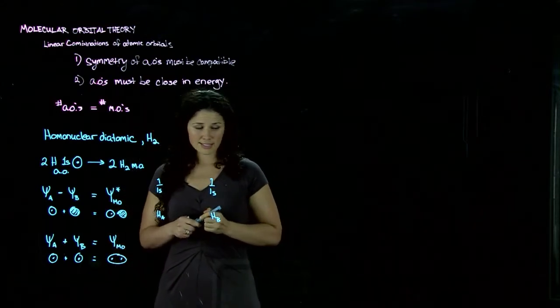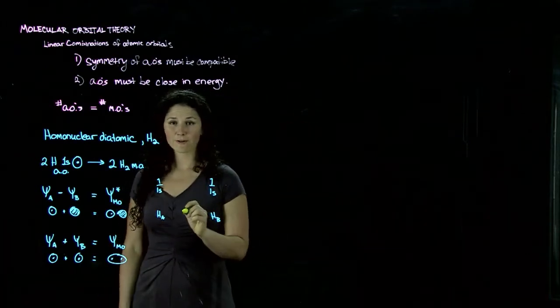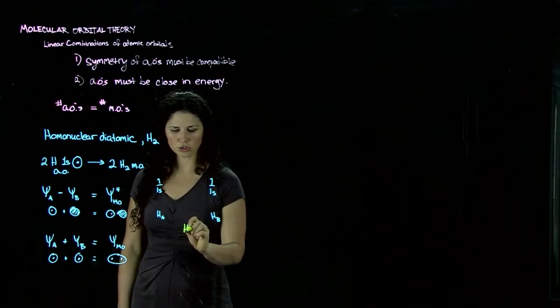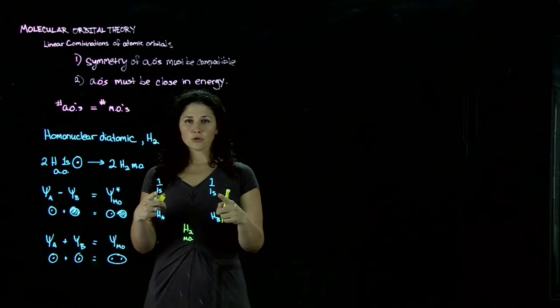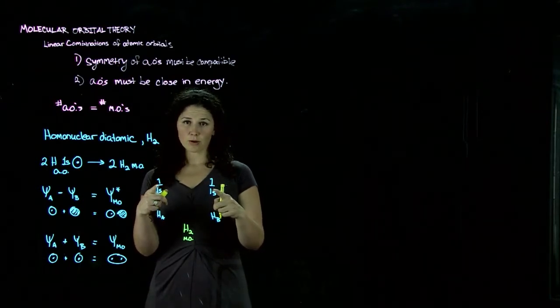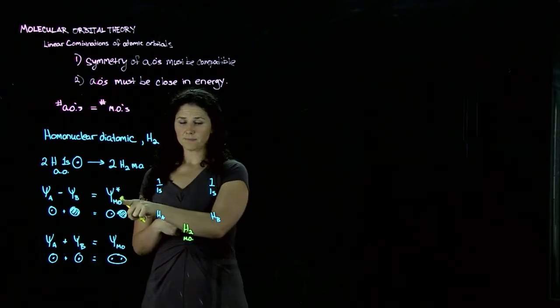Now in the center here, I'm going to draw the molecular orbitals for H2. So H2 molecular orbitals are going to be in the center. Now if I combine the two 1s orbitals in a negative way, or if I subtract one from the other, I'm going to get an antibonding orbital, just like this one.